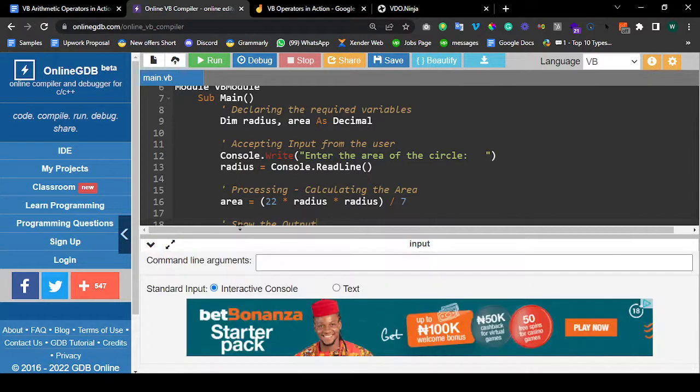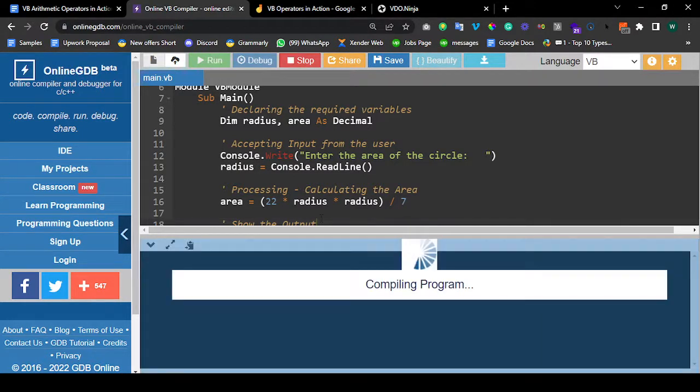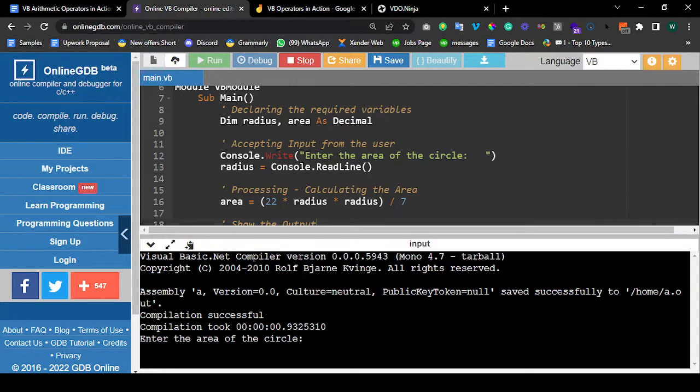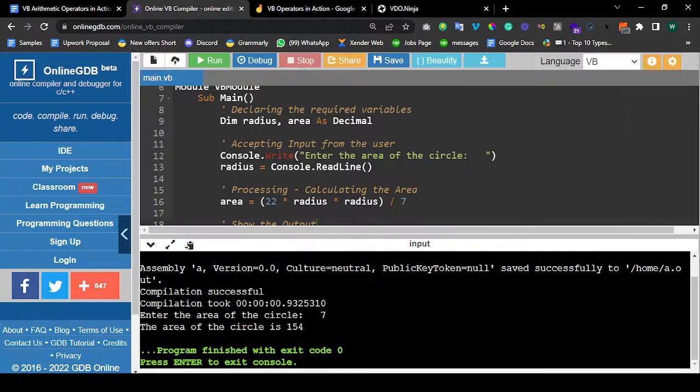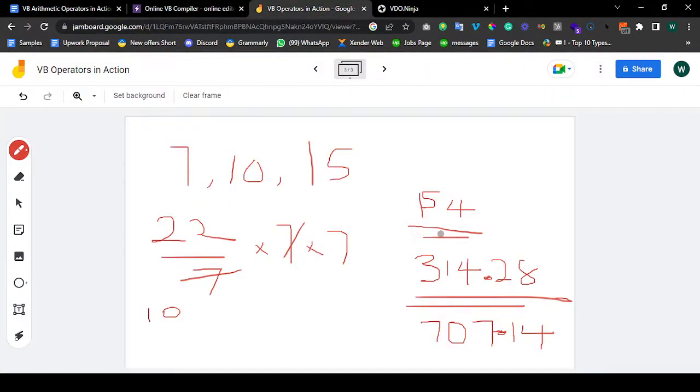What's the radius of the circle? 7. Okay, 154. Actually, there was no mistake. The compiler is misbehaving, kind of. So the area of the circle is 154, and you can see 154 here.